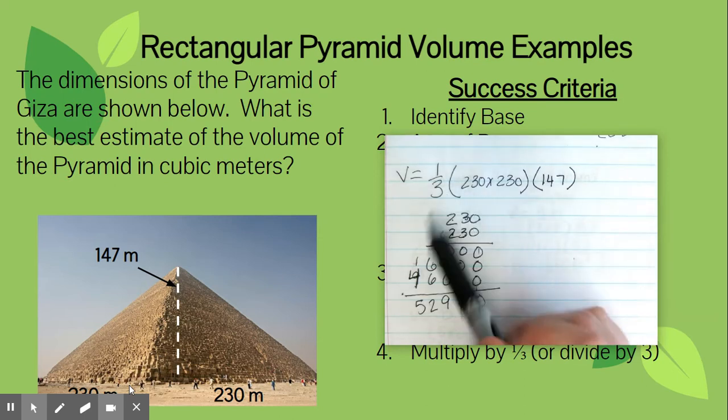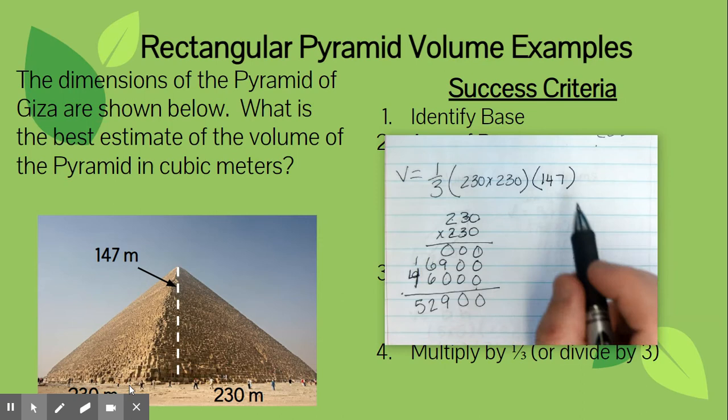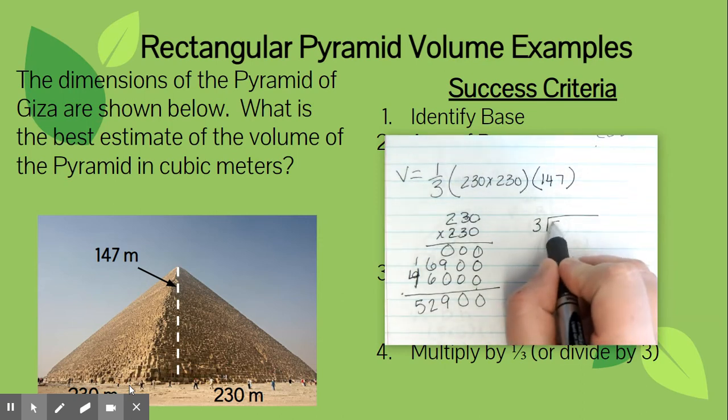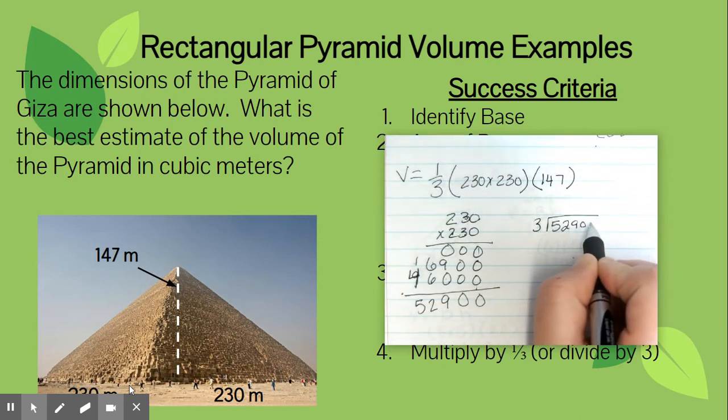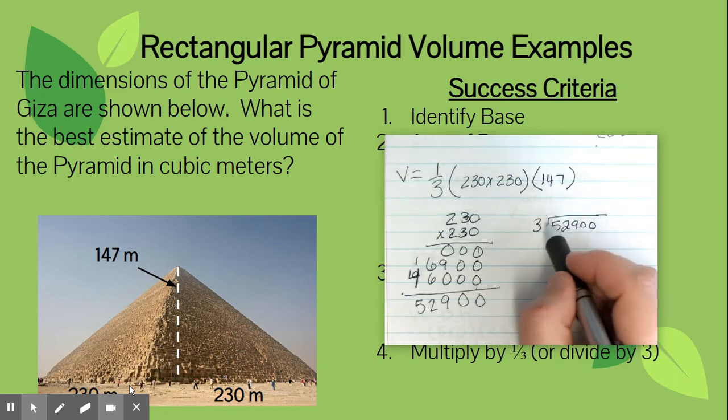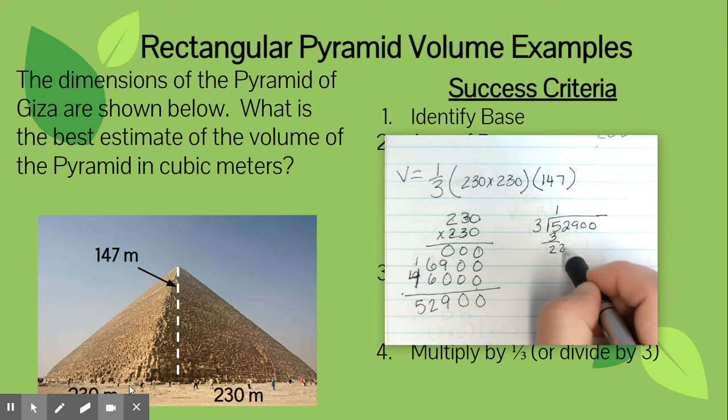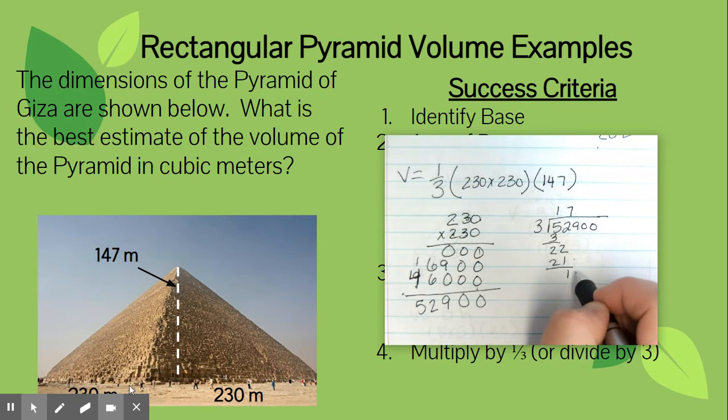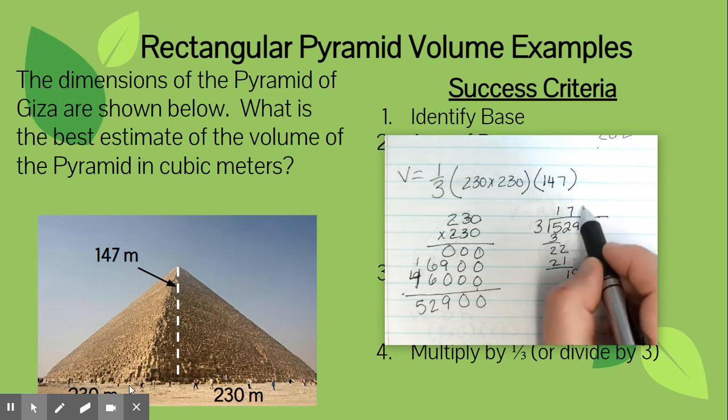And then I'm going to take 1/3 of this first, so I don't have to multiply that by 147. So I'm going to do 3 goes into 52,900. 3 goes into 5 once. It's 2, 2. That's 7. 21. 19. 3 goes into 19 6 times.